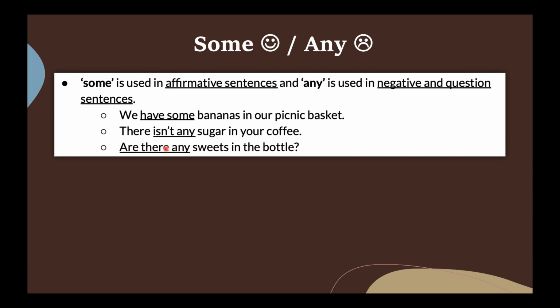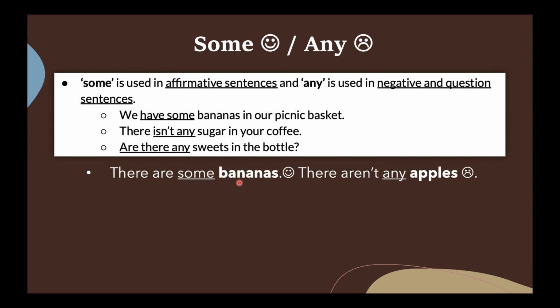And are there any sweets in the bottle? 여기도 왜 are? 여기는 is죠. 이거 왜 다른지 알아요? Is는 셀 수 없어요. 그쵸? Are는 복수 어차피. Are는 복수. Sweets. Is는 딱 하나. 아니면 셀 수 없는 명사. 이렇게 생각하시면 돼요. Are는 복수형. S 많이.